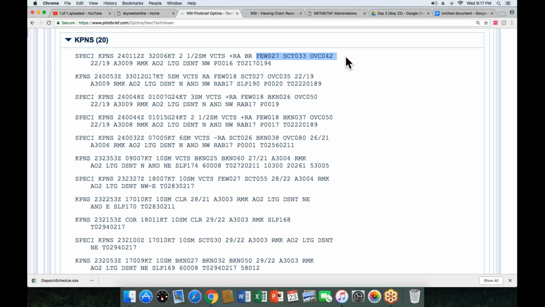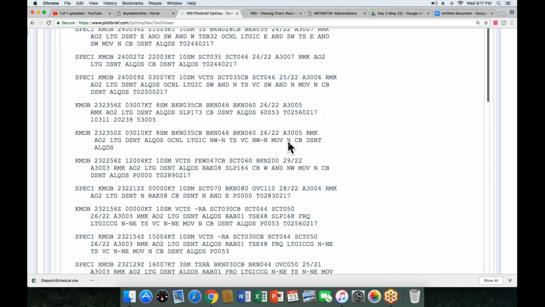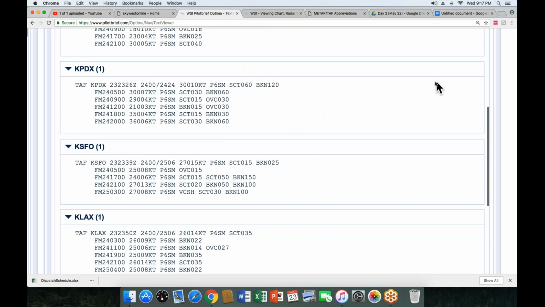The only difference is you've got to remember that the TAF is a forecast, and that the forecast is broken into separate lines. The first line is a forecast for this time period. The next line is the forecast for the next time period, and so on.